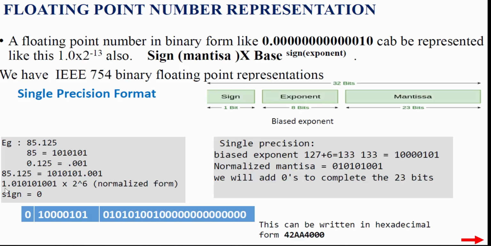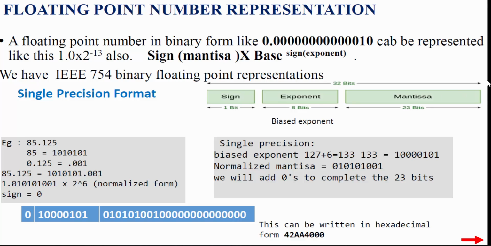So this becomes 1.0101010001 into 2 to the power 6. This is the normalized representation of this binary fraction form. And for 85.125, it is clear that this is a positive number, so the sign is taken as 0.